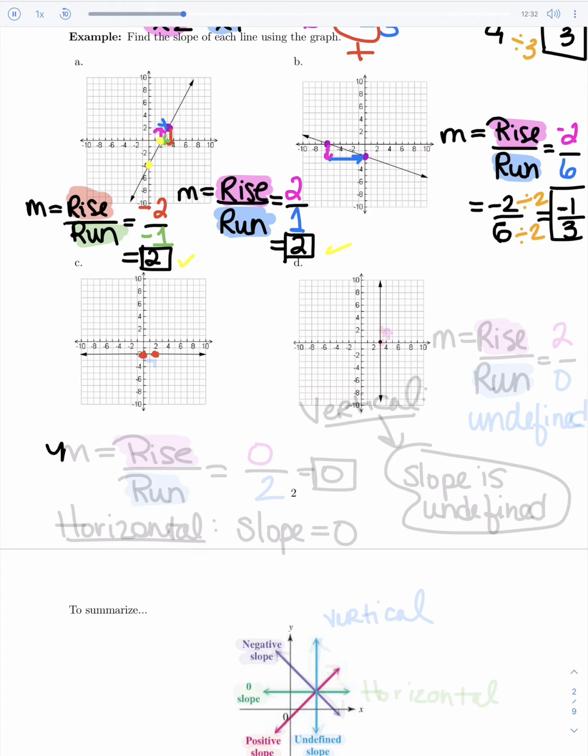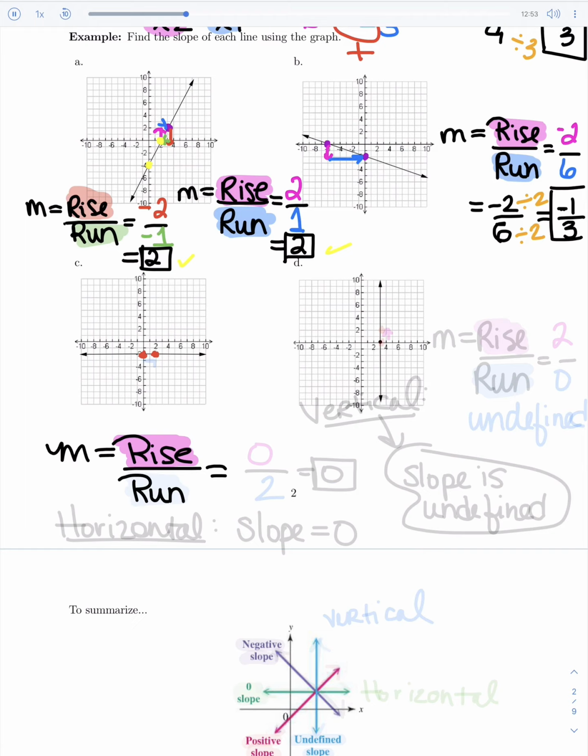Because we have a picture, we'll think of the slope as rise over run. Let's talk about our rise on this first one. Our rise means how much I'm going to go up or down to get from one point to the next.